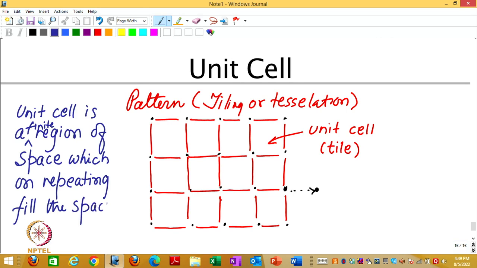Fill the space. In what way? Fill the space without gaps or overlaps.